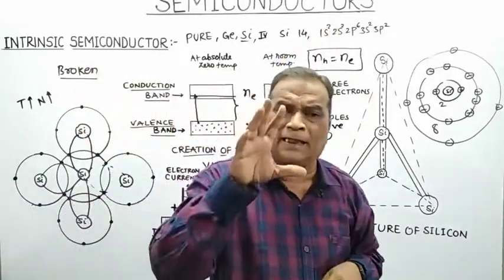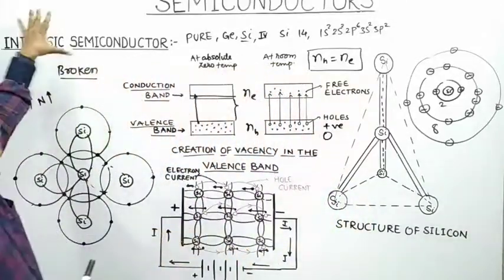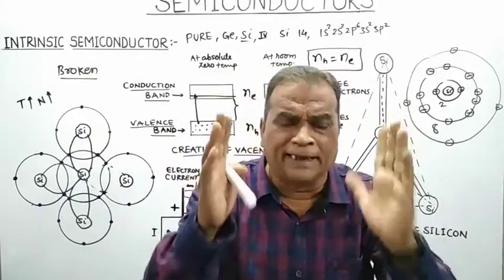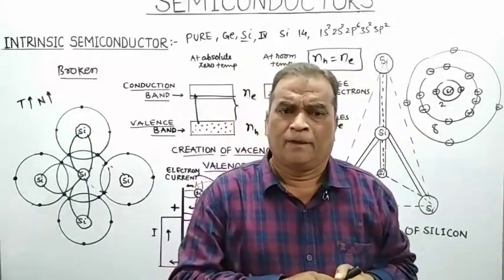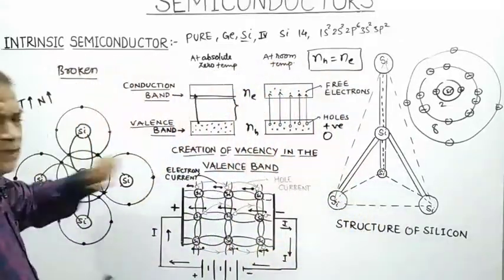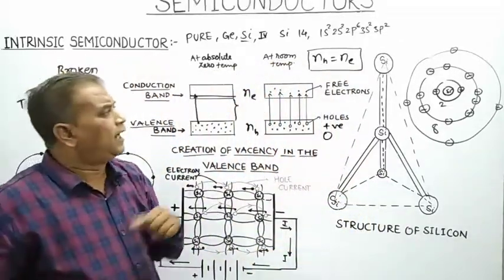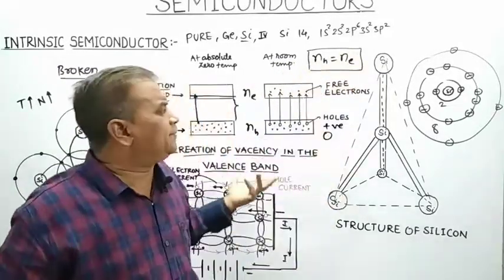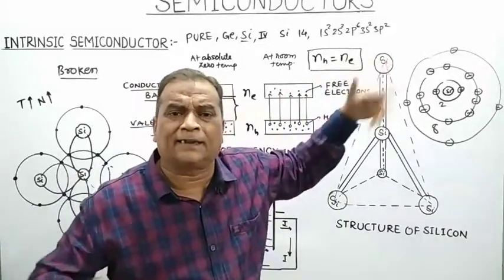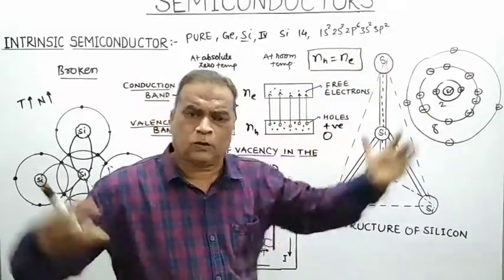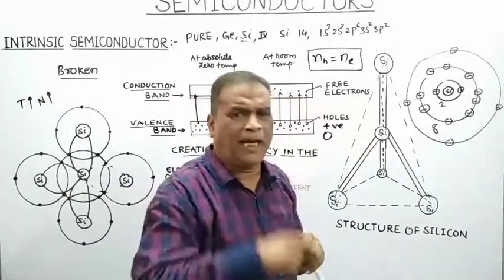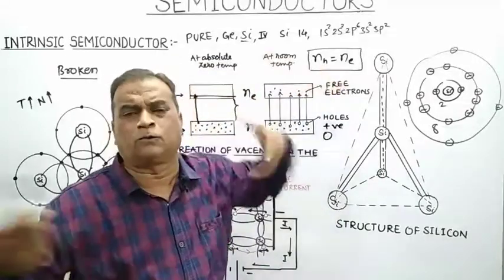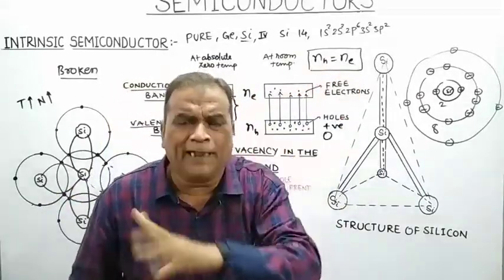Remember that as far as the electrical conductivity of an intrinsic semiconductor is concerned, it will be due to either the positive charge carrier, that is hole, or it may be due to what? The negative charge carrier, that is free electrons. So through an intrinsic semiconductor, you may have the flow of electric current either due to flow of holes or due to what? Flow of free electrons.